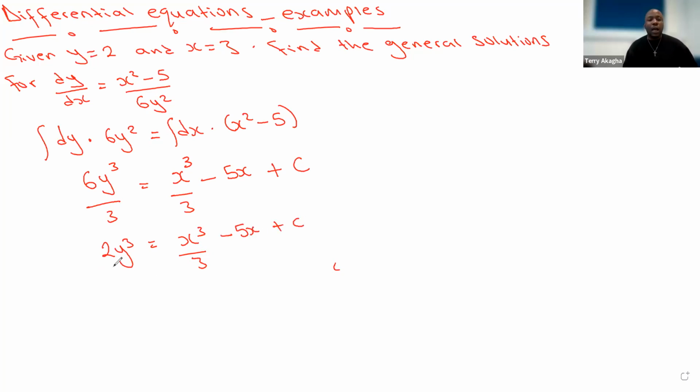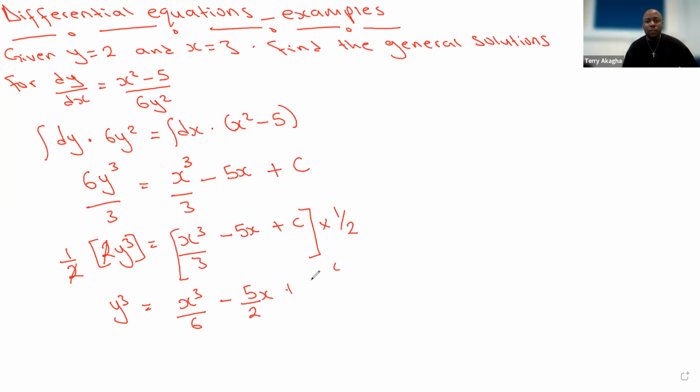In order to remove this 2, I'm going to multiply both sides by 1 over 2, okay? I'm going to multiply both sides by what? 1 over 2. And when I do this, this will cancel this. It will become y cubed is equal to x cubed over 6 minus 5 over 2x plus c over 2.